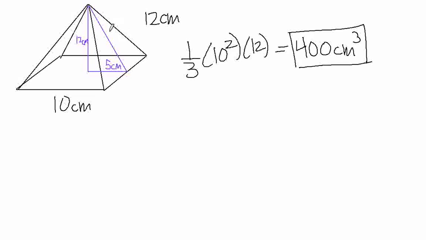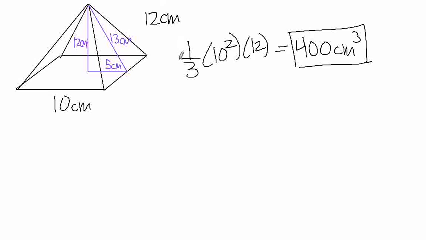So I can use the Pythagorean theorem to determine that the hypotenuse has a length of 13 centimeters. All right? Now, that 13 centimeters, I can use that to calculate the area of the triangular faces.